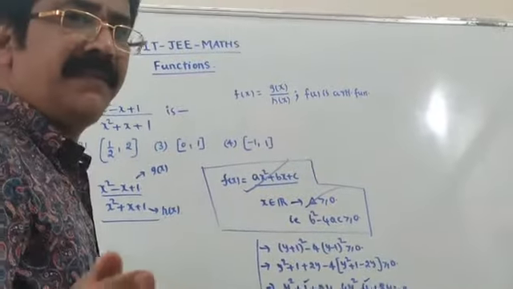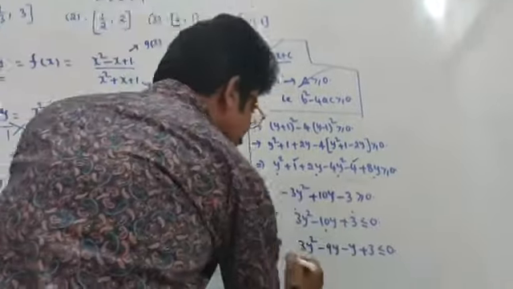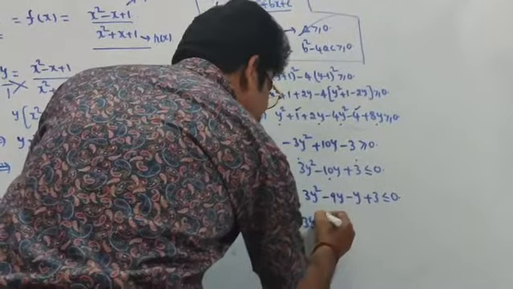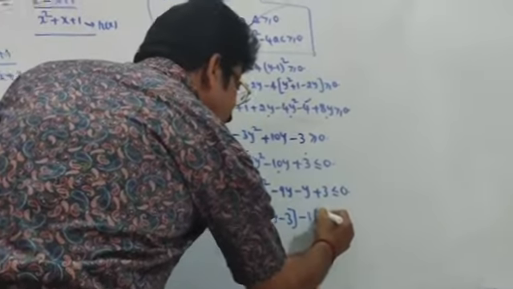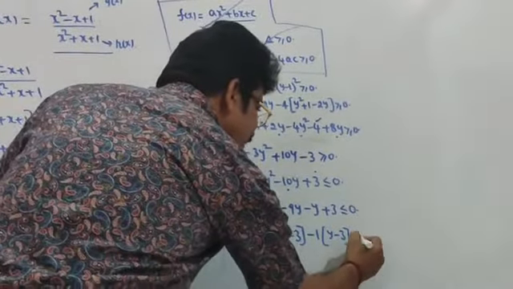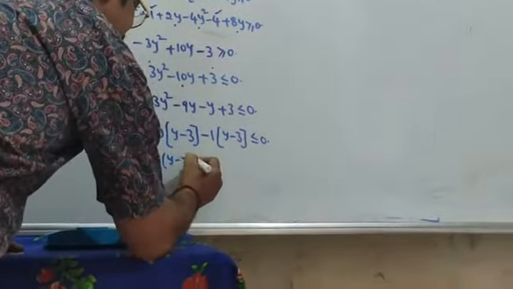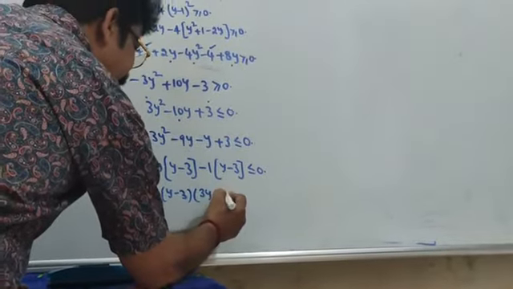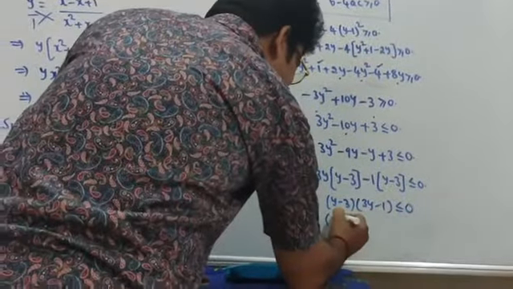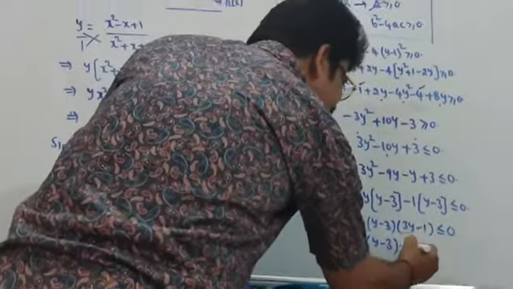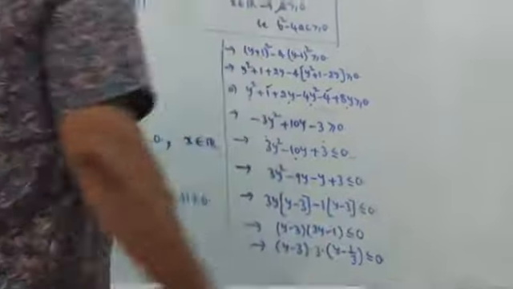Of course, you are very familiar with finding the factors in lower classes itself. So 3y common, (y minus 3), minus 1 into (y minus 3), less than or equal to 0. So (y minus 3) into (3y minus 1) less than or equal to 0. So (y minus 3) into 3 common, (y minus 1 by 3), less than or equal to 0.